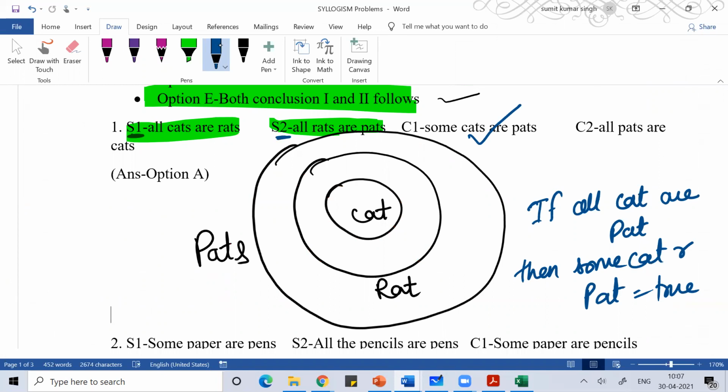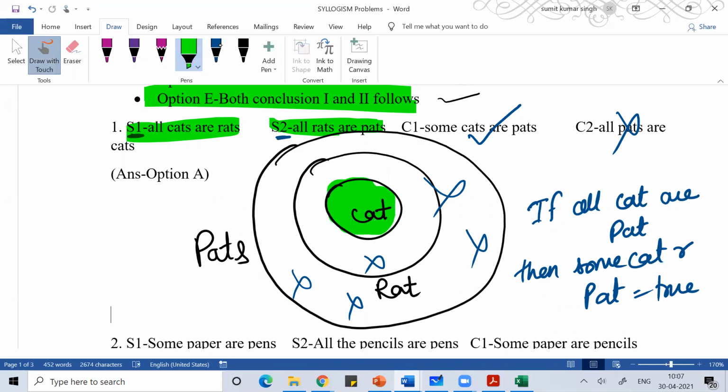Conclusion two is all pets are cats. So all pets are not cats. Why? Because all cats are pets, but if you see these pets outside the cat boundary, they are not cats.